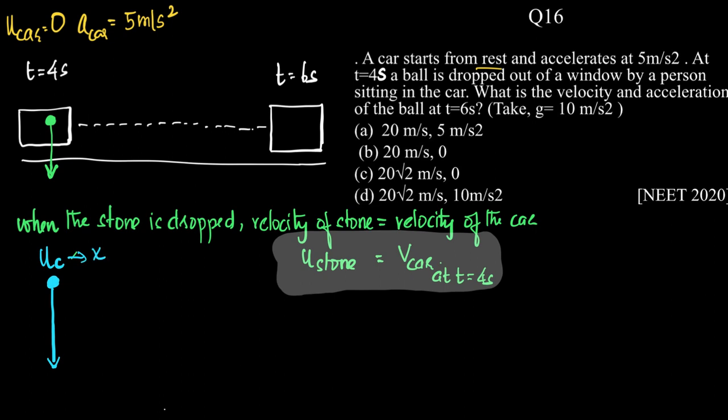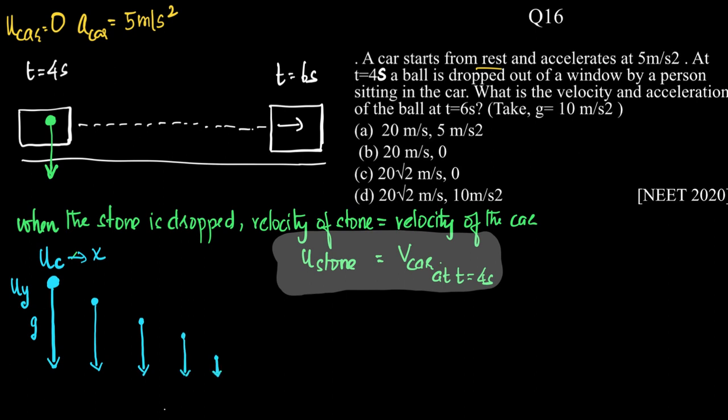But the moment it leaves the car, it will be pulled down by acceleration due to gravity, which means there will be a component of vertical velocity as well. Which means, though the car has moved this direction, the object will now actually follow a projectile motion.